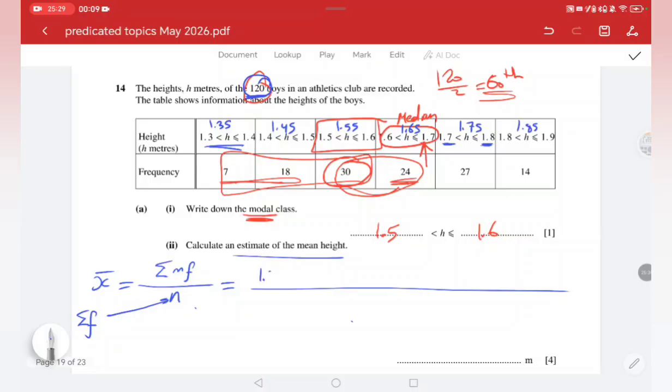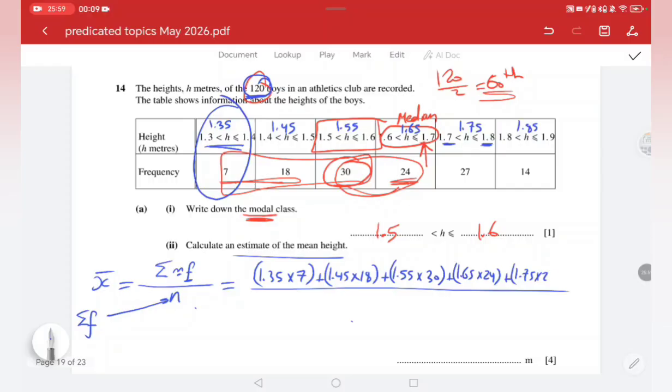So m times f: 1.35 times 7 plus 1.45 times 18 plus 1.55 times 30 plus 1.65 times 24 plus 1.75 times 27 plus 1.85 times 14.